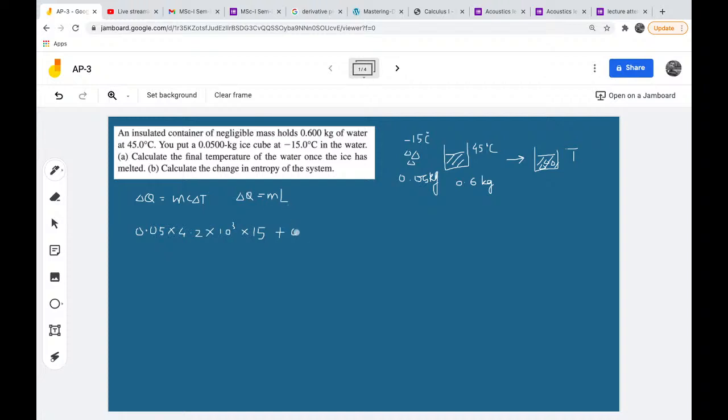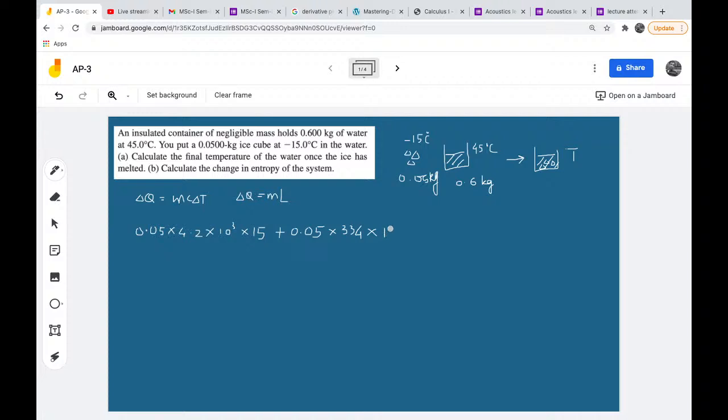So again I will write 0.05 into L. Now the latent heat of fusion for ice is 80 calorie per gram, which you multiply by 4.2, or to be strict 4.18, and calculate it on a per kg basis, then it will turn out to be 3.34 into 10 power 5.